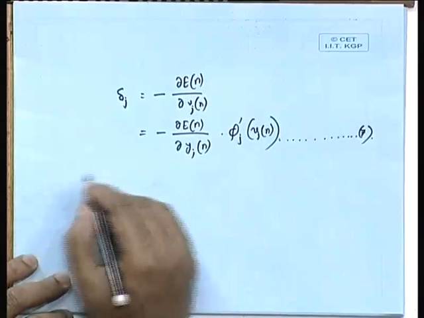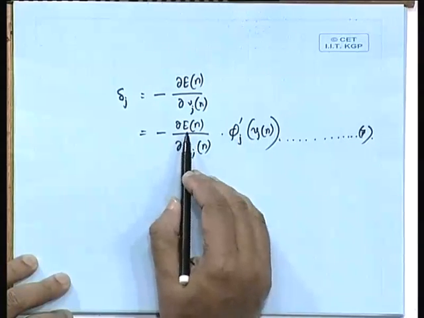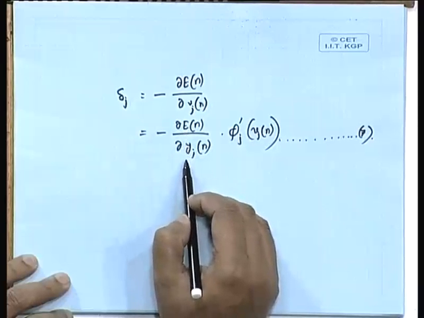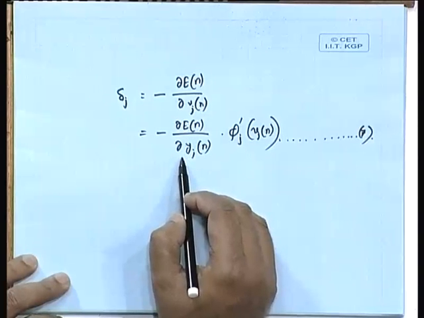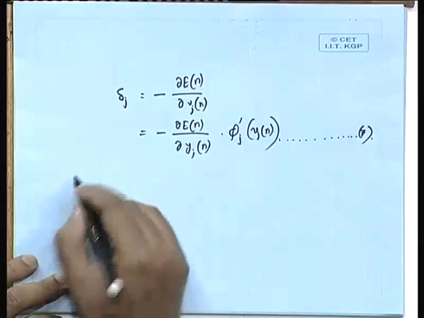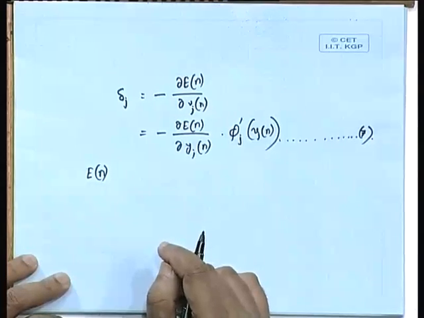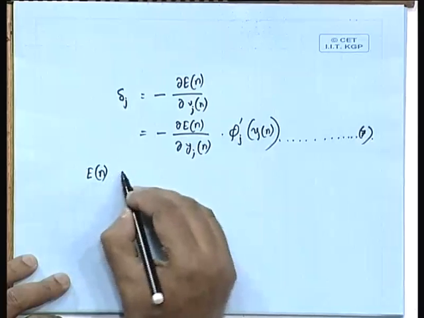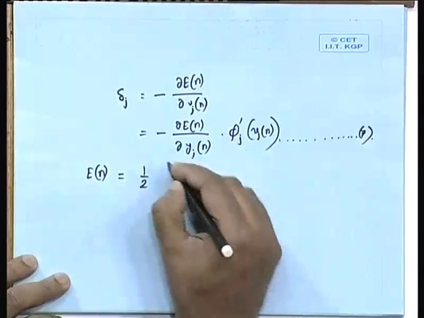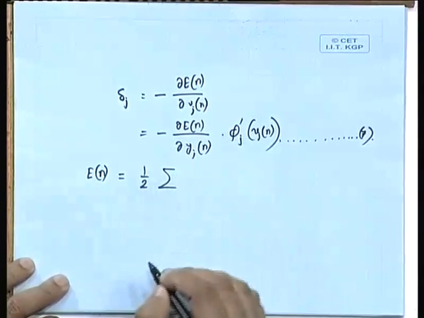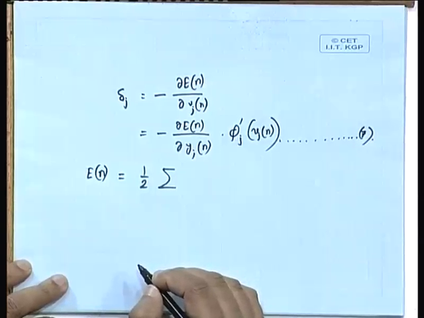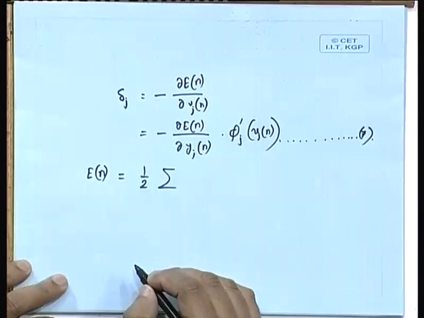Now we have to calculate this dou En by dou Yj of n. Is it very easy? Let us see that. Firstly, what is the En expression now? Half of summation Ej square. Are you very sure about it? Some people are saying Ek square, some people are saying Ej square.